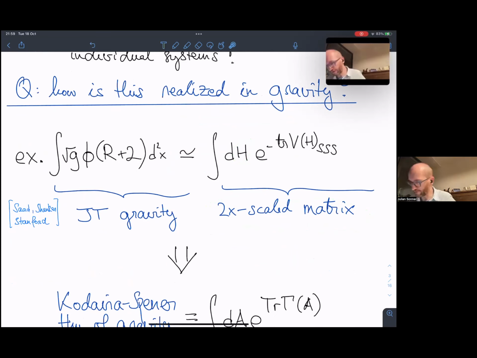And of course, this is the beautiful work of SSS, Saad, Shenker and Stanford. So JT gravity is a two-dimensional theory of gravity with this particular Lagrangian. So it looks almost like Einstein-Hilbert gravity, but it has this dilaton field.